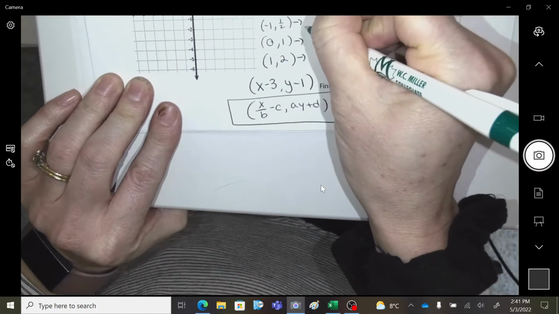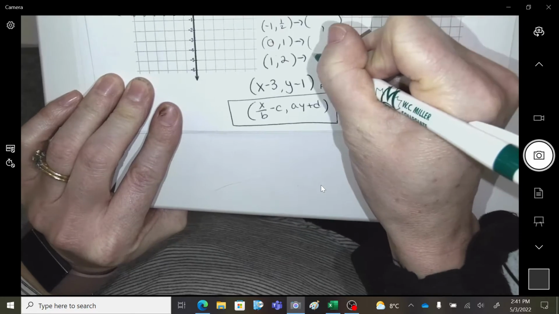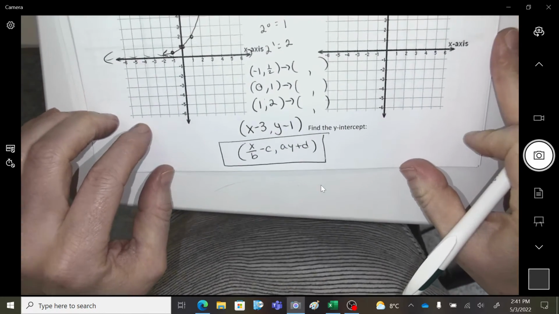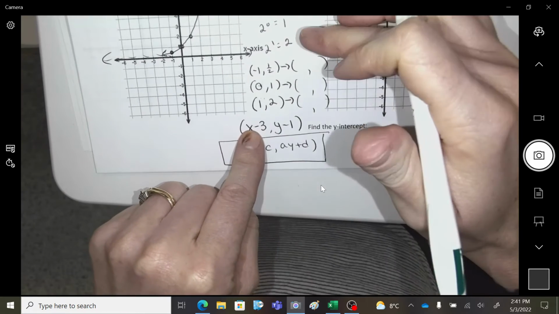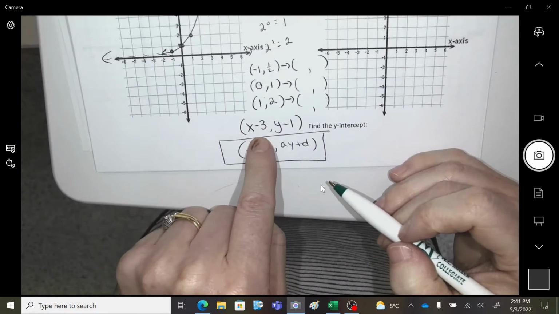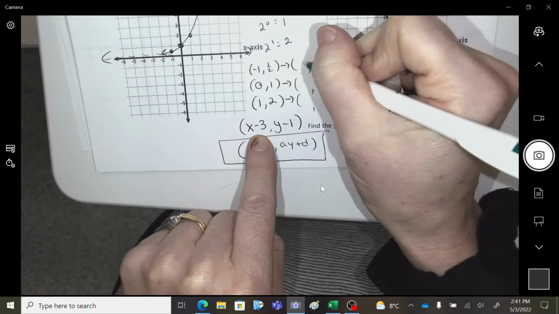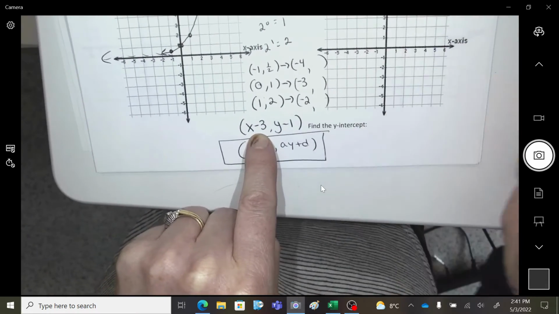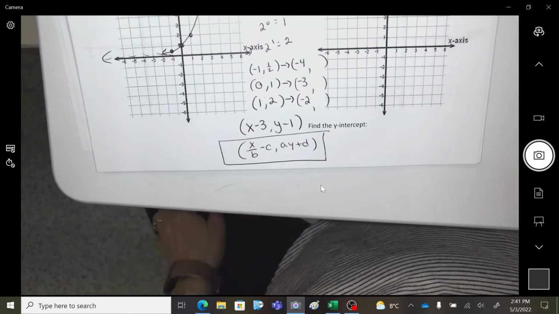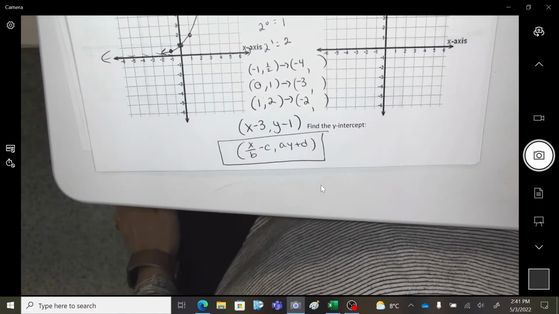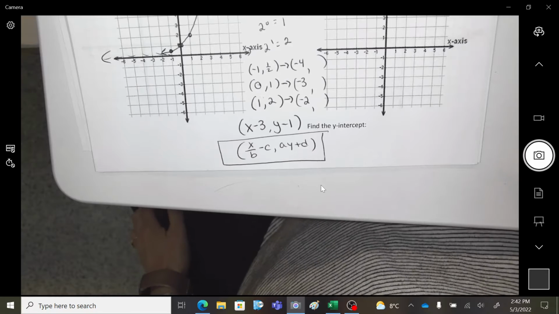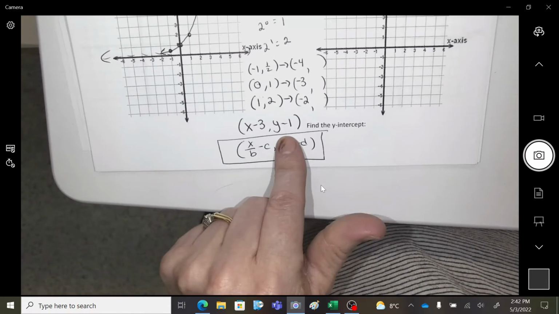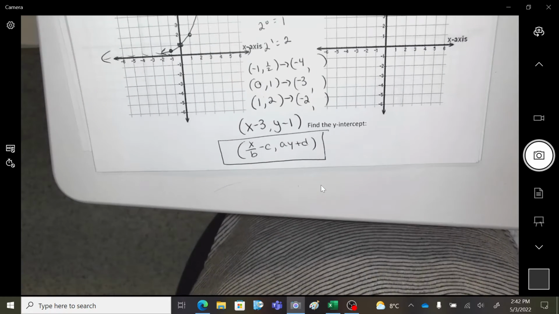Okay, can you move those 3 points doing what we did last unit? So you know what I like to do? All my x's. So every x minus 3. So minus 4, minus 3, minus 2. Every one of those x's I minus 3. And then y minus 1.